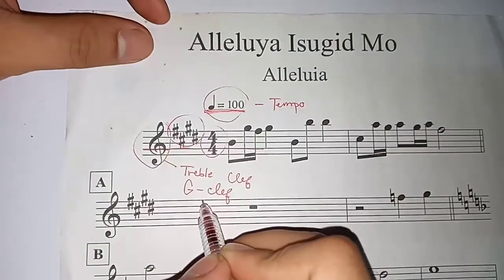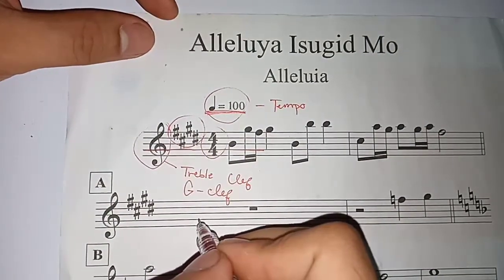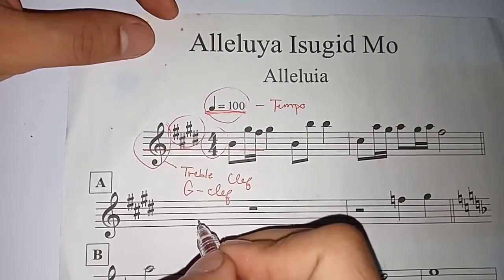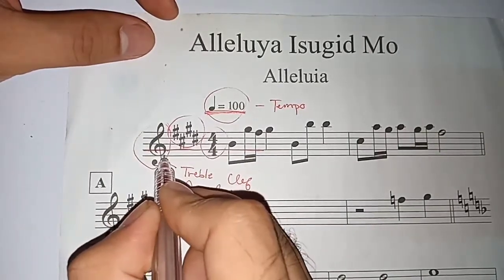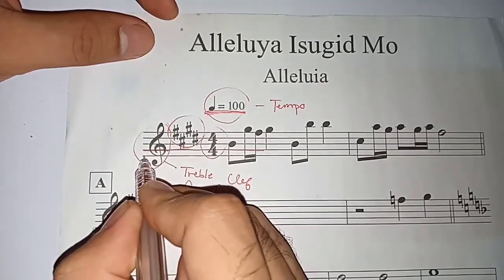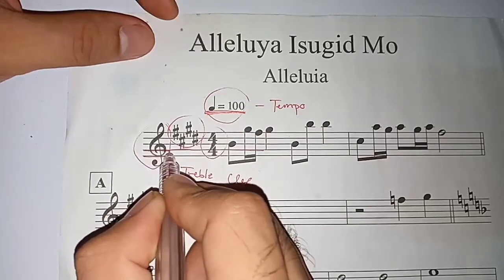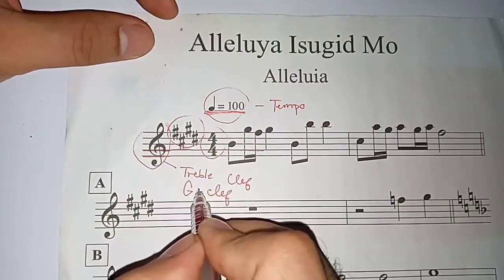One thing to remember in a G clef is that the origin is on the second line of the staff from the bottom. So we have the first line, the second. We have this one as our origin, therefore this is our G clef.